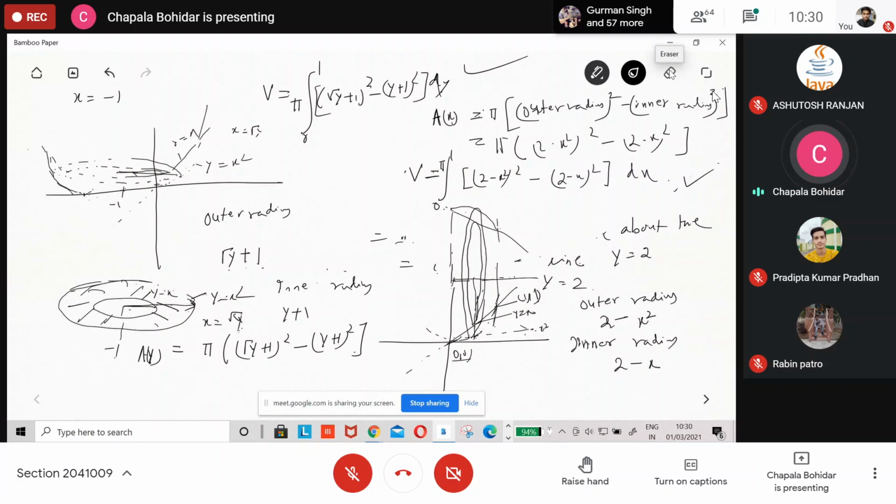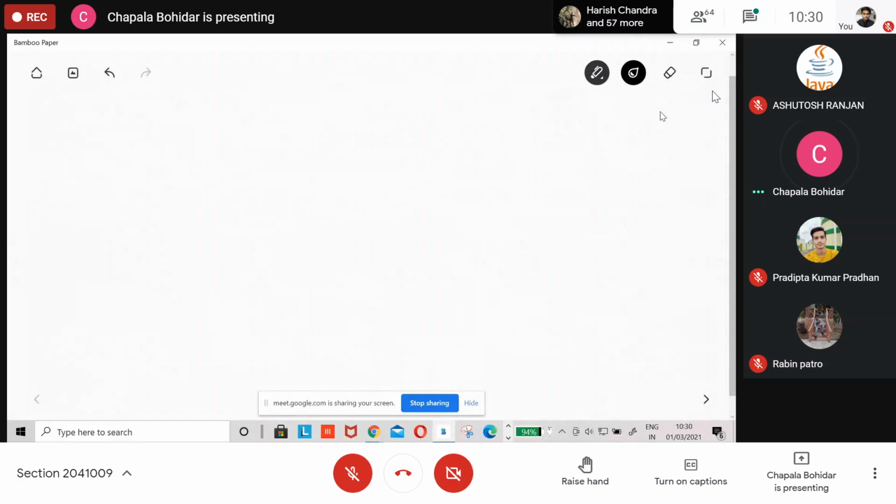So now I am doing your classwork problem. y is equal to sin x, y is equal to cos x, 0 is less than or equal to x is less than or equal to pi by 4, about y is equal to minus 1.